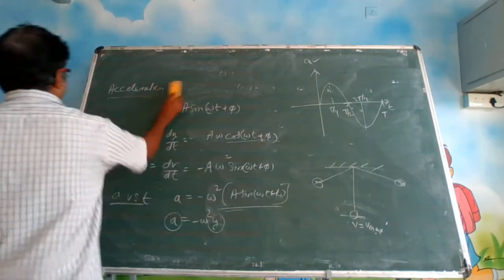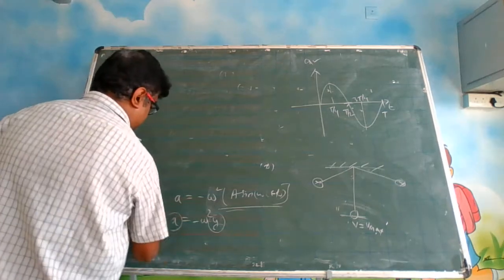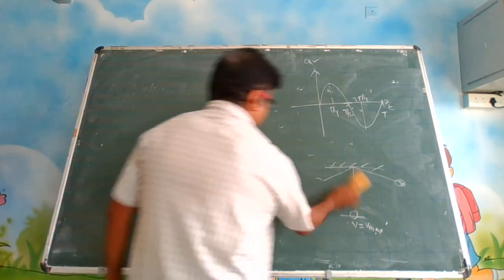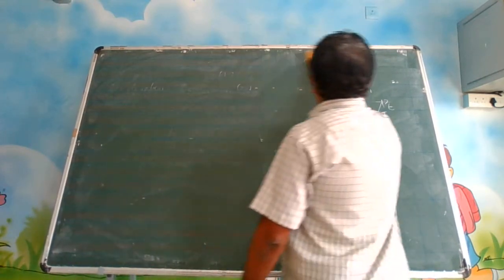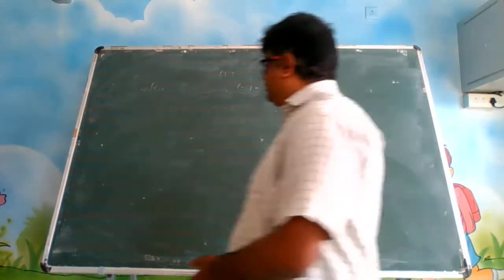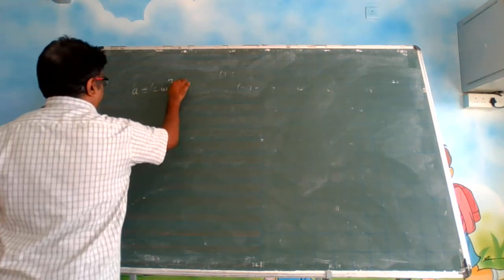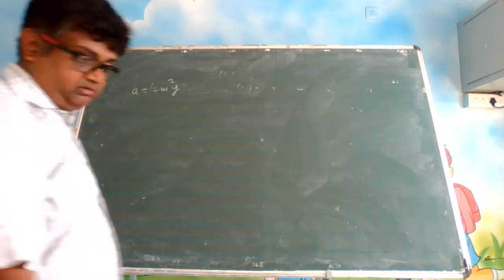Okay, now next point. Look here, we are saying that acceleration is equal to minus omega square y. Let me neatly do it.